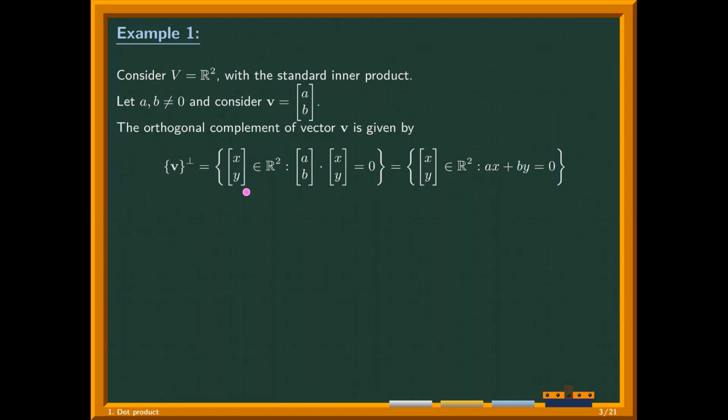By definition, it's the set of all two-vectors, say (x, y), whose standard inner product with (a, b) is 0. But by definition, this is the set of all vectors (x, y) such that ax plus by equals 0. So it's the set of all points satisfying this equation.